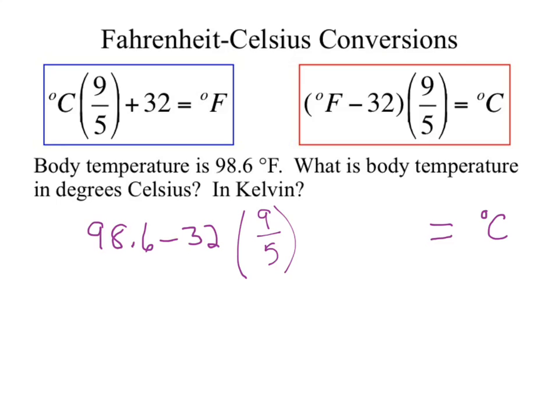You're going to calculate 32 times 9 divided by 5, and then subtract that number from 98.6. There's a very big reason those parentheses were in there. You have to do your addition and subtraction first, then your multiplication and division. If you don't, you're going to end up getting the wrong answer.